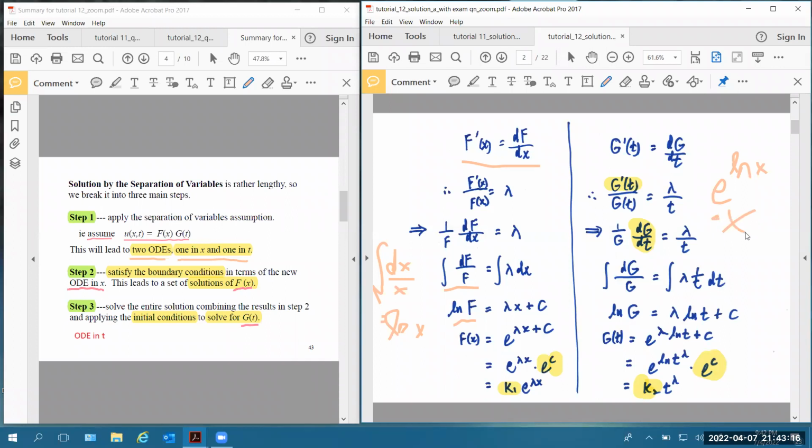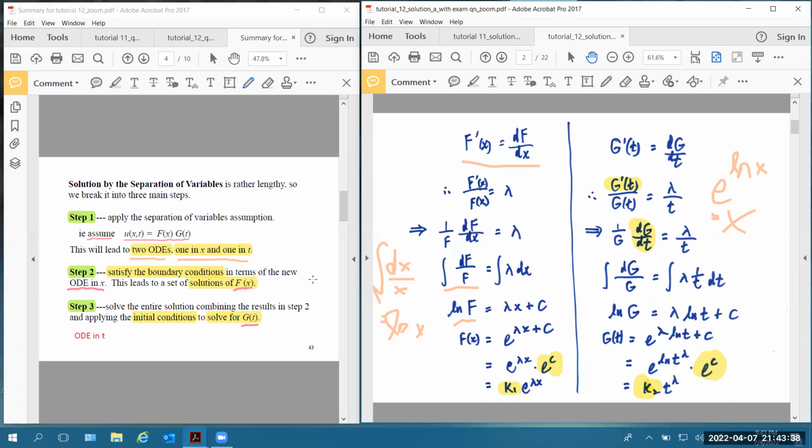Yeah, equal to x. So you all know this? Well, if you don't know, now you know that. e to the power ln of whatever is just that thing. Okay, class.